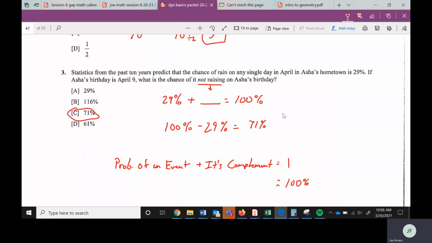Okay, so just another example, if something had a 10% chance of happening, its complement would have a 90% chance of happening. Okay. Again, if I went too fast, that doesn't make sense, that's where you message me, ask me a question, I'll go over that with you.